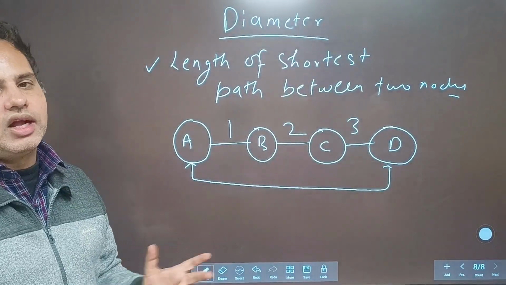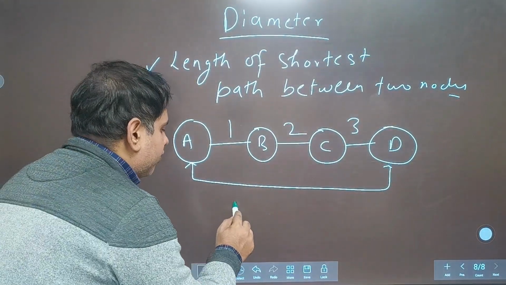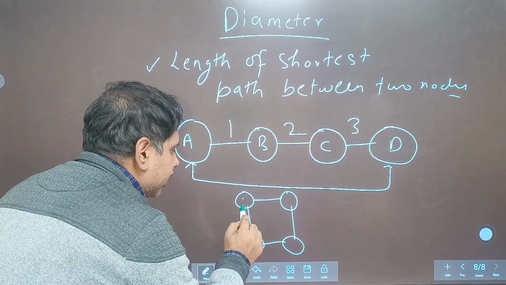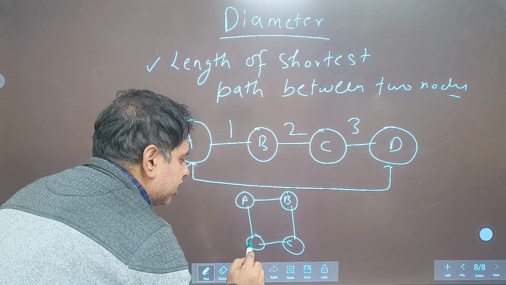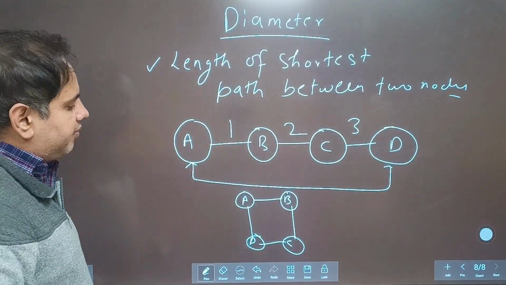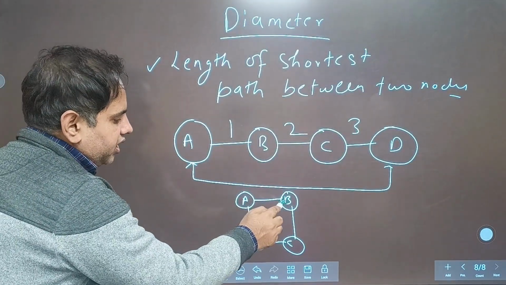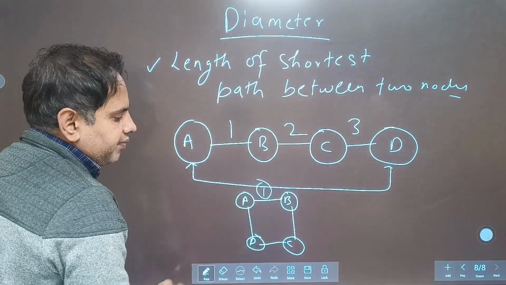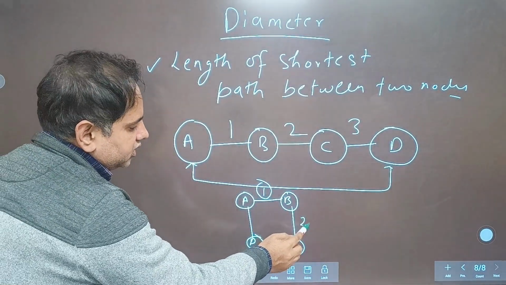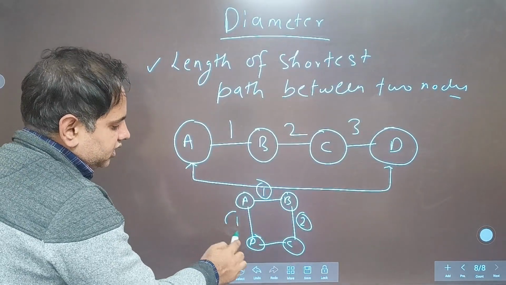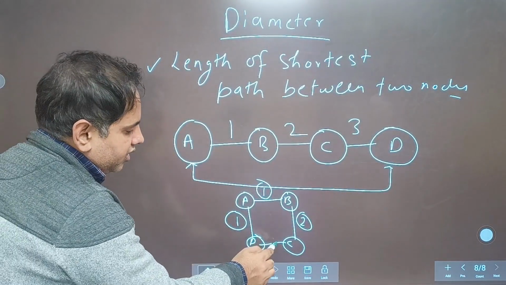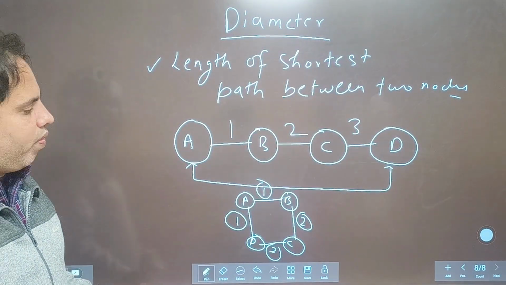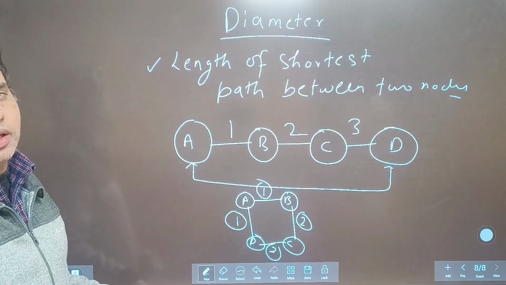Take the network A, B, C, D. From A, you take one step to reach B, 2 steps to reach C, and 3 steps to reach D. That is the length of the shortest path between two nodes, right?